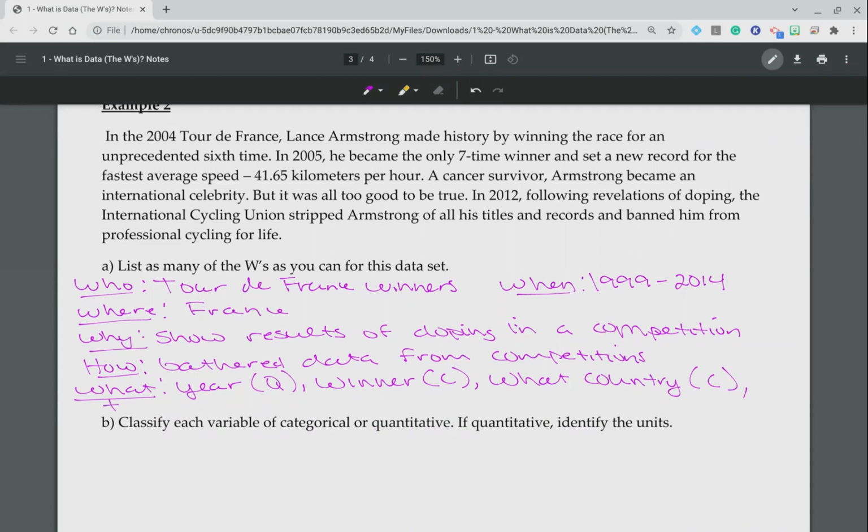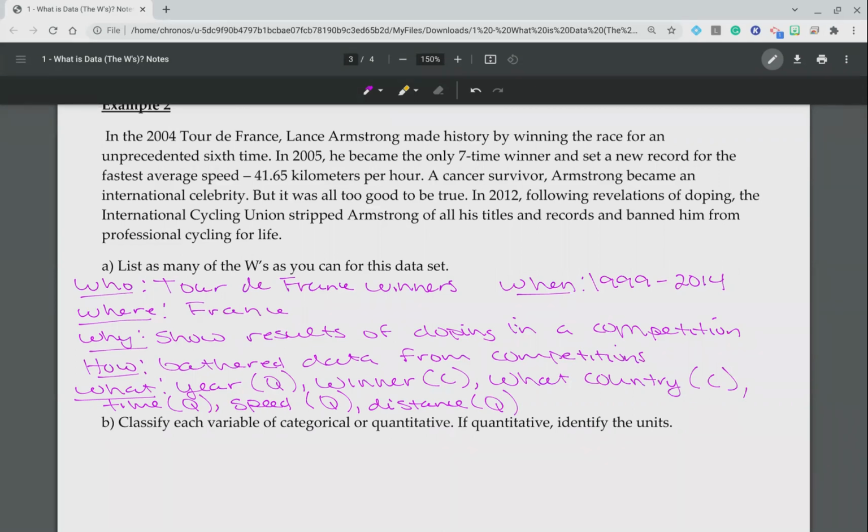We're looking at the time, which is quantitative, right? Because that's in minutes and seconds. We're looking at speed, which is quantitative, right? Kilometers per hour. We are looking at distance, right? How far they are riding the bike, which is going to be quantitative.